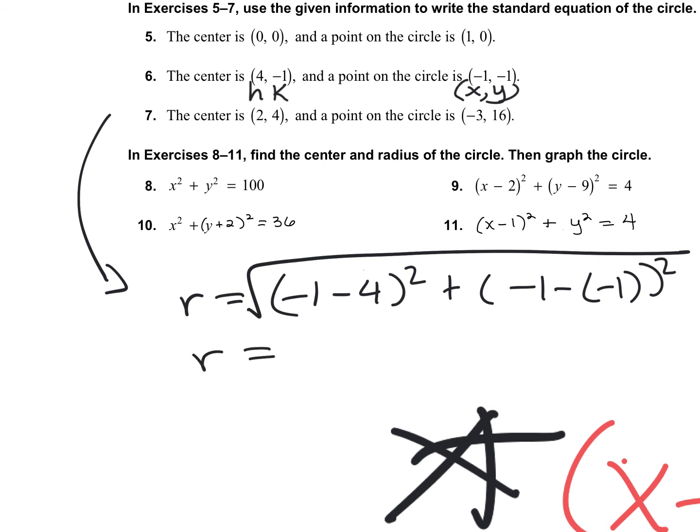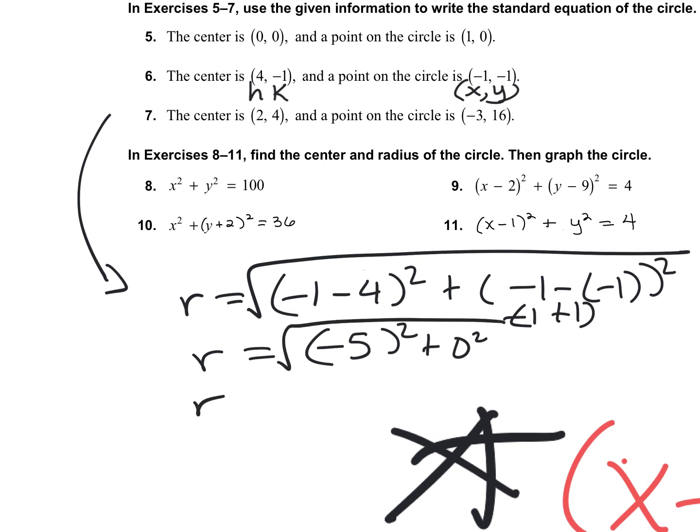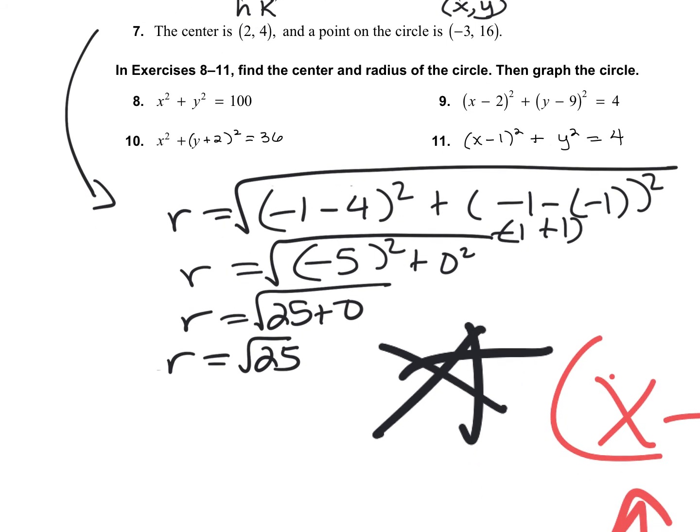And let's simplify. So this becomes -5 squared. This becomes -1 plus 1, which just becomes 0. And then all under the radical. So 25 plus 0, square root of 25, and my radius length is 5.